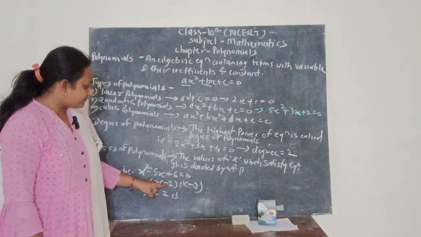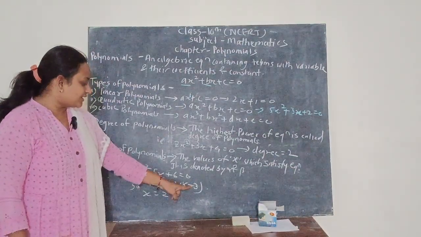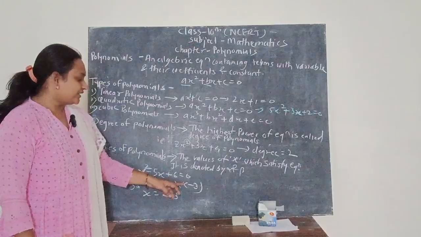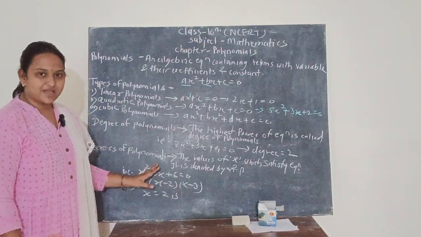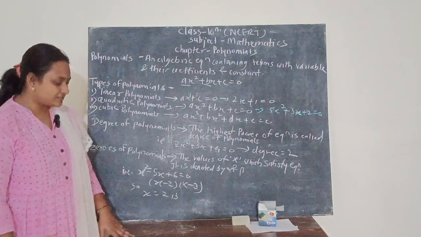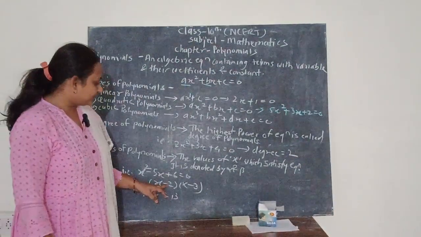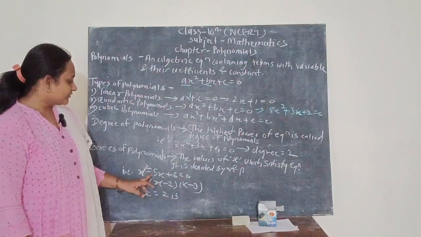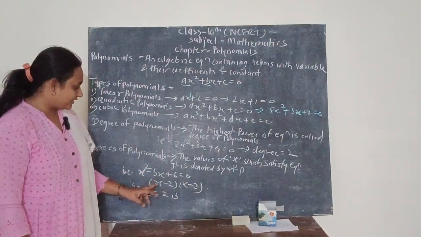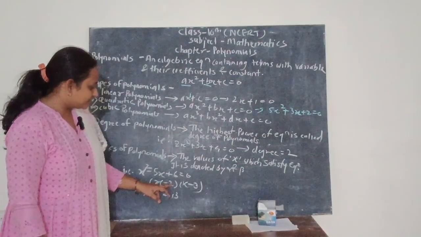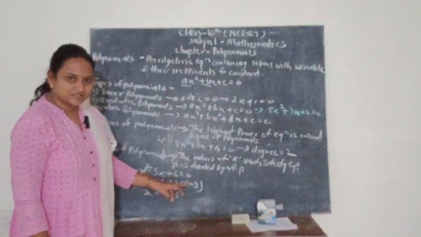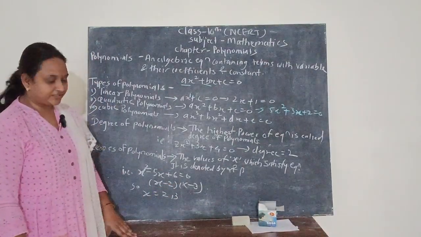If we take minus 2 and minus 3, then the multiplication of minus 2 and minus 3 is plus 6 and the addition of minus 3 and minus 2 is minus 5. So we take x minus 2 and x minus 3. Why do we take minus 2 and minus 3? Because the middle term is minus. When x minus 2 is 0, x is equal to 2, and x minus 3 is 0 means x is equal to 3.